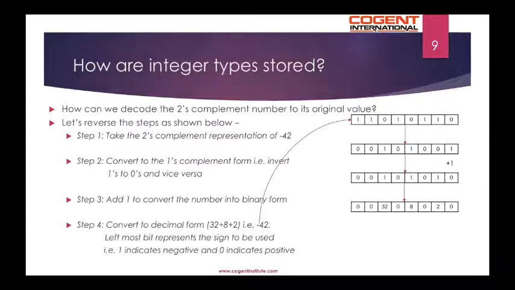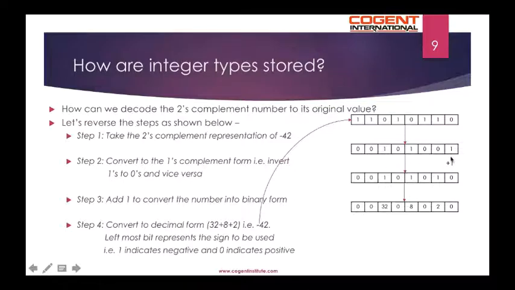Now how can we decode the 2's complement number to its original value? We can just simply reverse the steps. The representation that we would have is the 2's complement. The most significant bit specifies the sign. If it is 0, it is a positive number. If it is 1, it is a negative number. So we can take the 1's complement of this number, where we simply convert 1's to zeros and zeros to 1's. So this is the 1's complement, and then just add 1 to it.